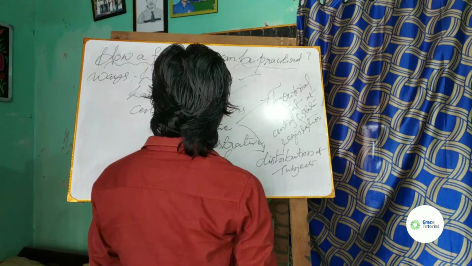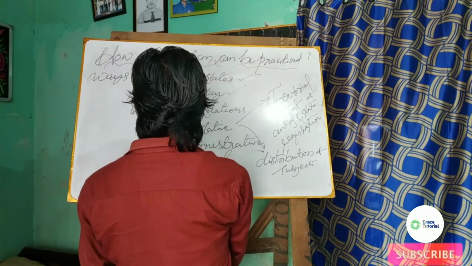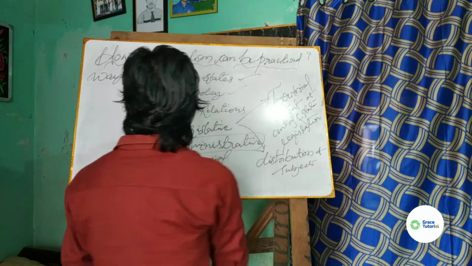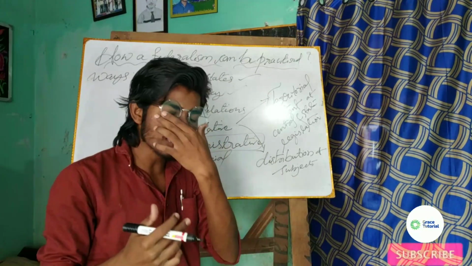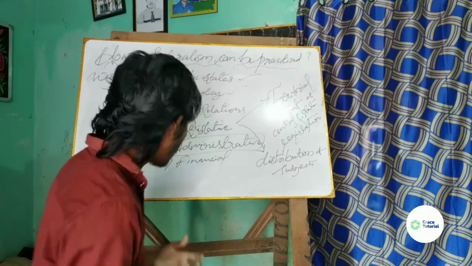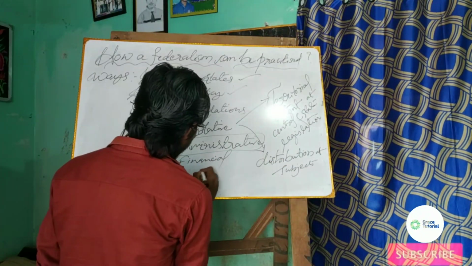Well, if we discuss one more, that is the administrative. How can the center-state relation be explained in the administrative way? Well, the distribution of executive powers.